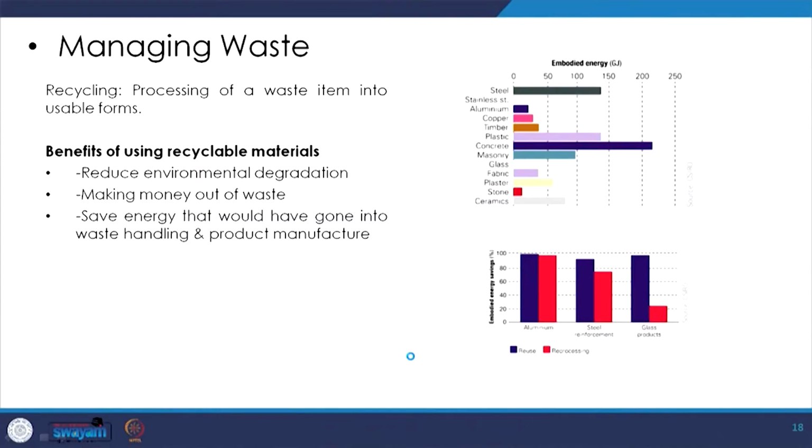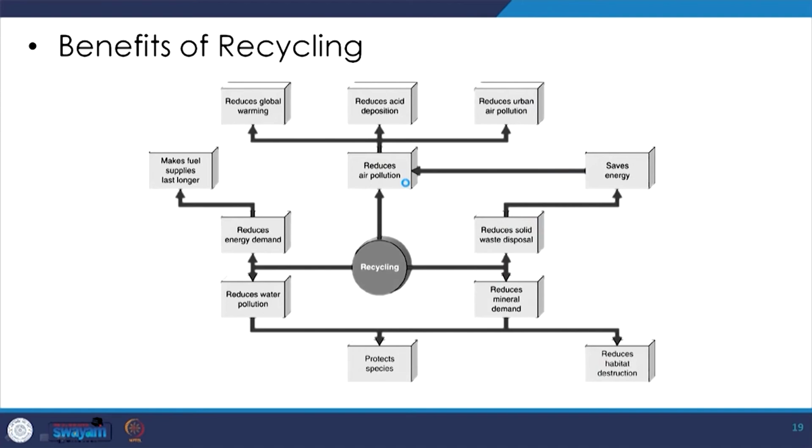So, when we are talking about recycling, we are talking about processing of a waste item into a usable form. We are reducing the environmental degradation, we are making money out of the waste and we are saving the energy which would have otherwise gone into the manufacturing of the material. So, recycling on the whole comes with great benefits. We have also seen that in the introductory lecture when we started talking about materials and resources, that any material where recycling is possible, it must be recycled because it saves a lot on the natural resources.